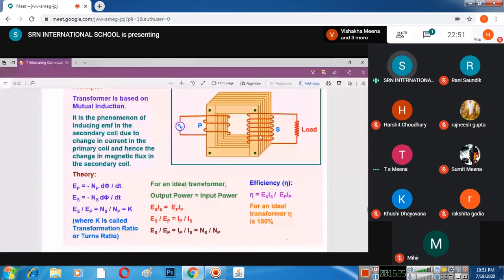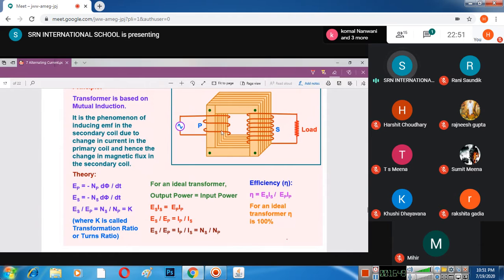I'm repeating once again. As the alternating current flows through the primary, it generates an alternating magnetic flux which is linked with the secondary coil. This changing flux sets up an induced EMF in the secondary coil.